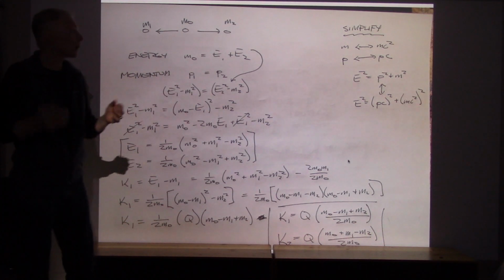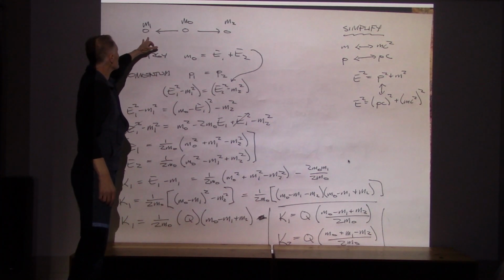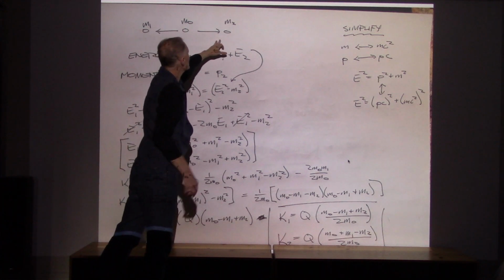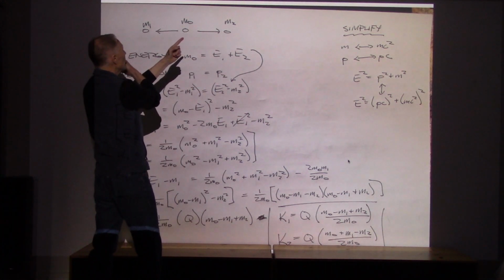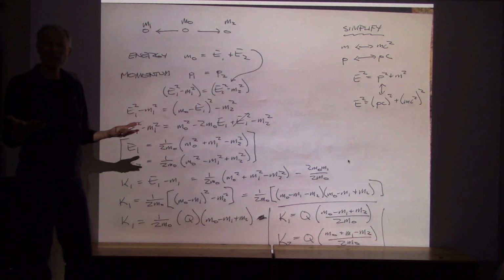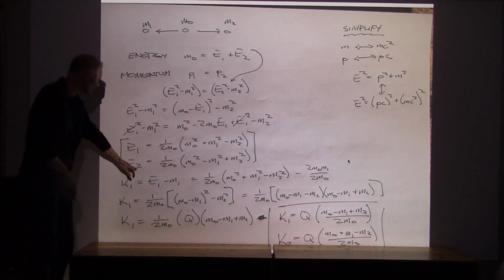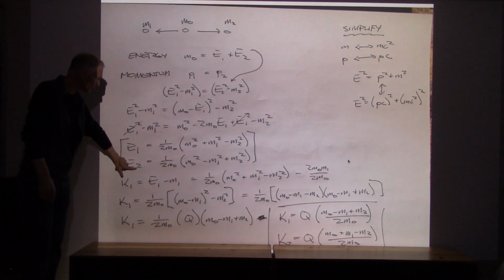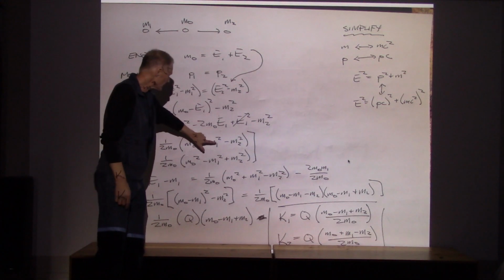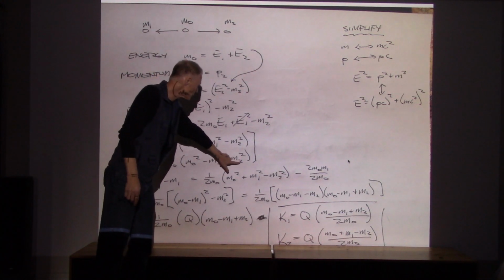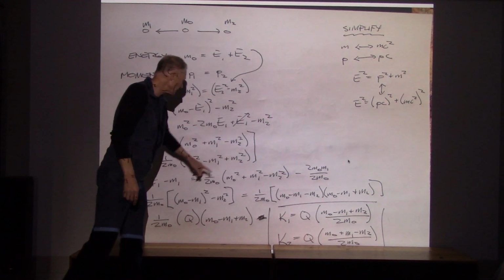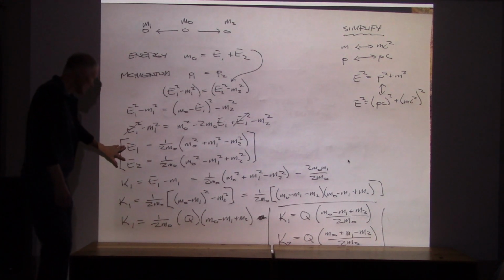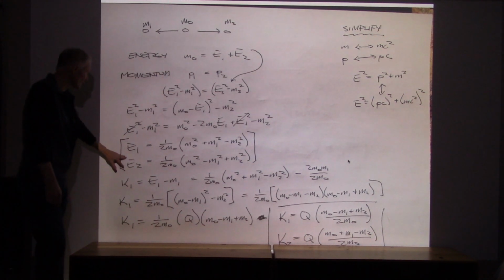It was arbitrary that I called this particle 1 and this particle 2. I should be able to switch the 1s and 2s and get the very same formula. And that's what I've done here. In place of 1, I'm writing 2, and in place of 2, I'm writing 1. And so it gives me these sets of equations, E1 and E2.